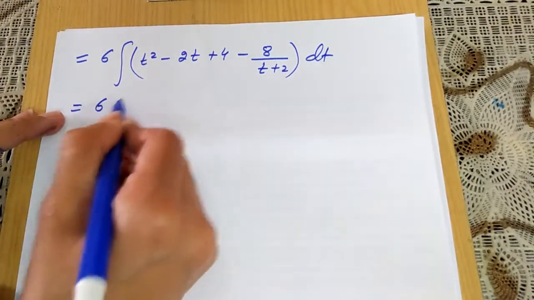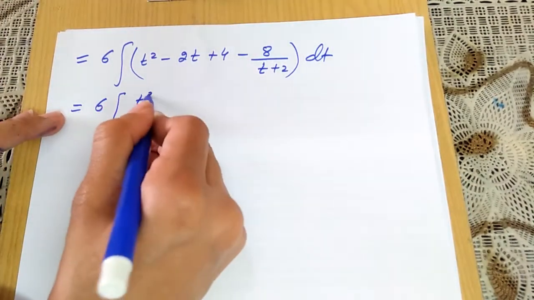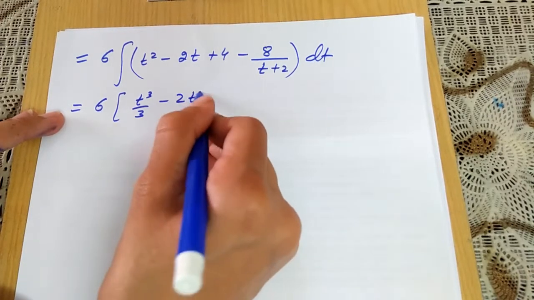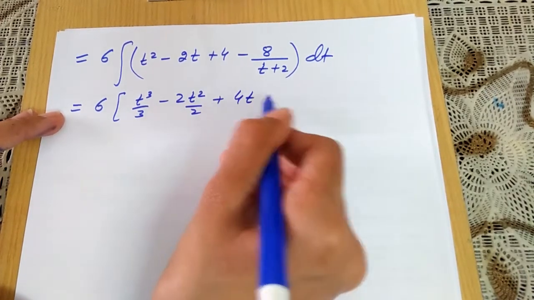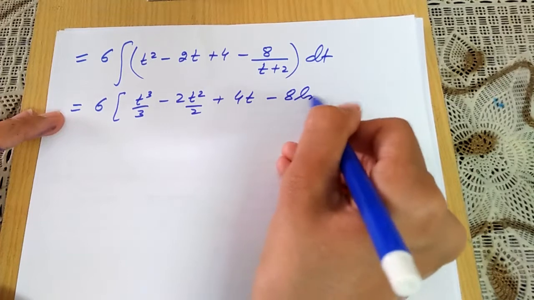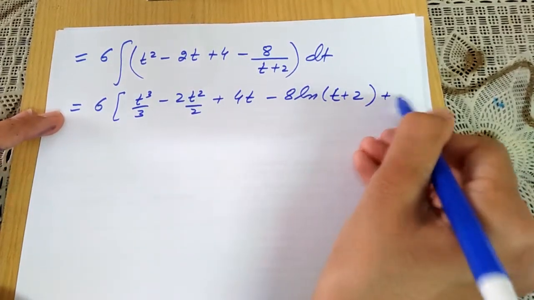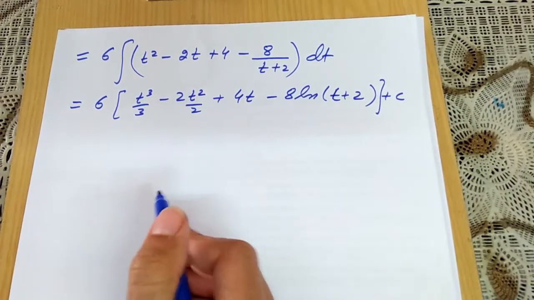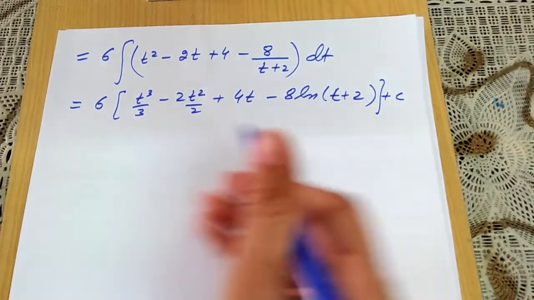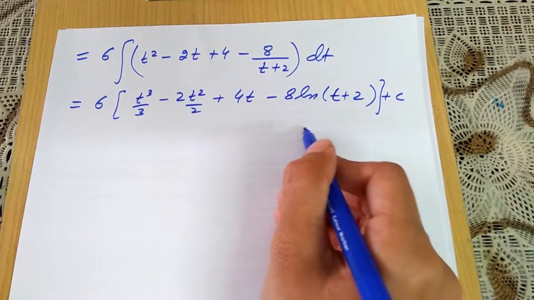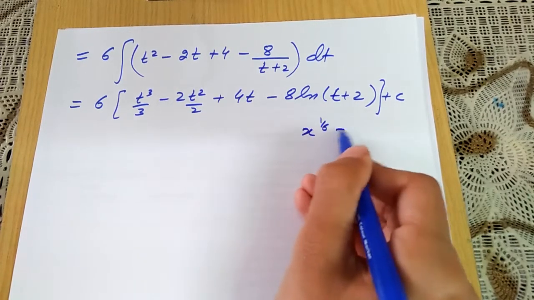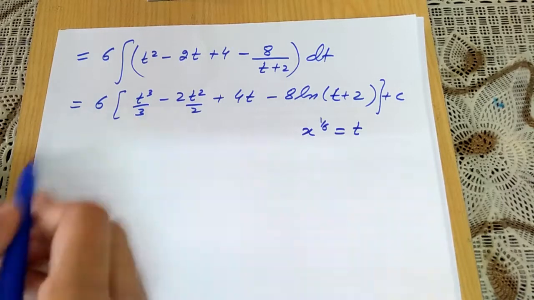Now integrating, this will become 6t cube over 3 minus 2t square over 2 plus 4t minus 8 ln of t plus 2, plus constant of integration. And now substitute back the values of t. What we let in the start, we let x raised to power 1 over 6 equal to t. Now use the values of t here.